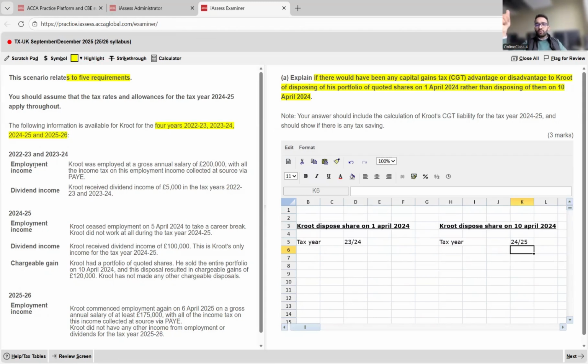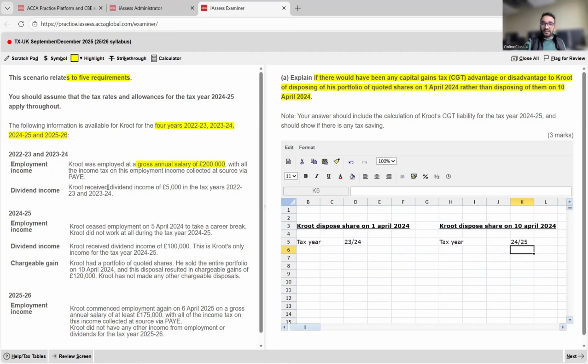In 22-23 and 23-24, for 2 years, he was employed at a gross salary of 200,000. It means from an income tax perspective, he's an additional rate taxpayer, and his tax is already calculated and collected through pay.